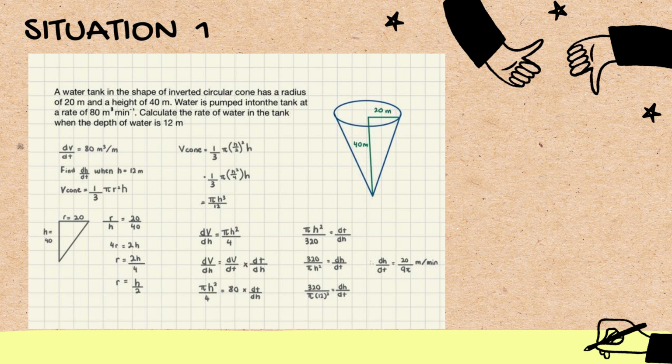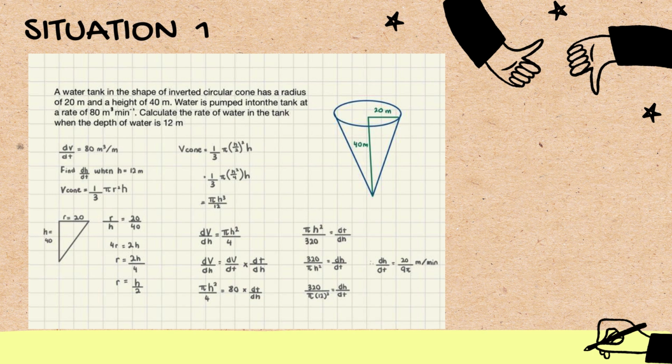We want volume in terms of height, not r. So, what do we need to do if we want to get rid of the r? We need to find r. Other than using Pythagoras theorem, we can use the ratio technique, which is r over h. So our r over h is 20 over 40.